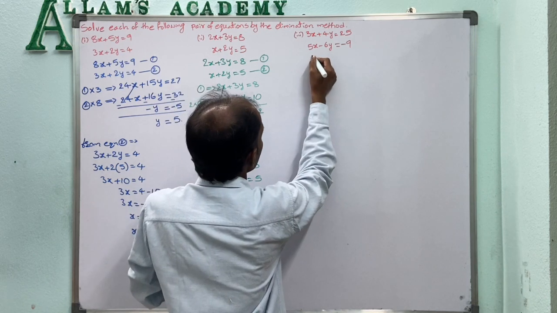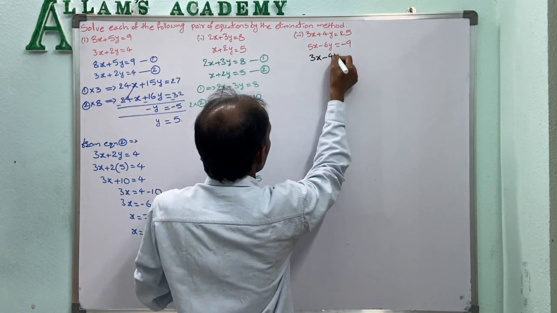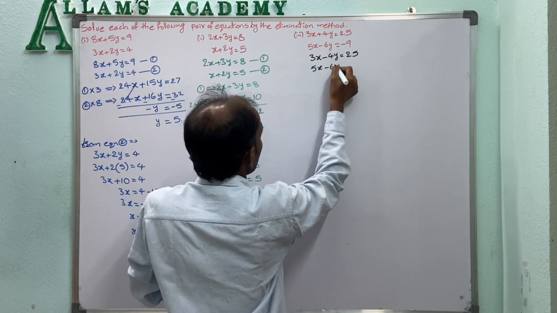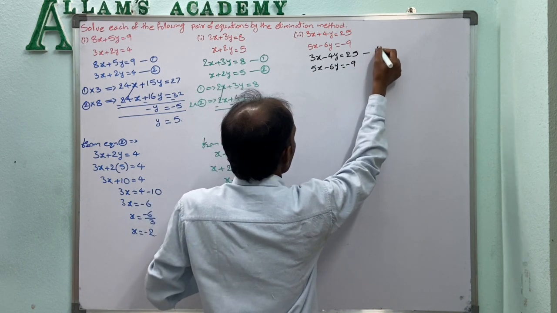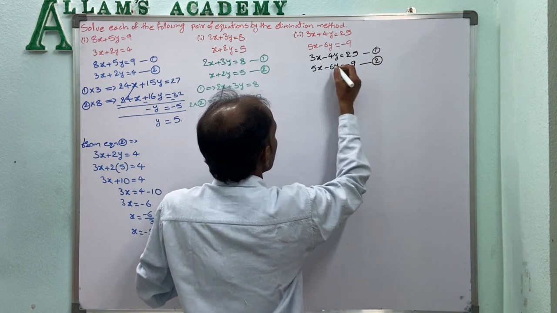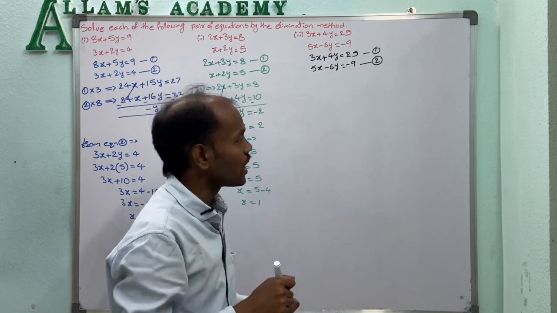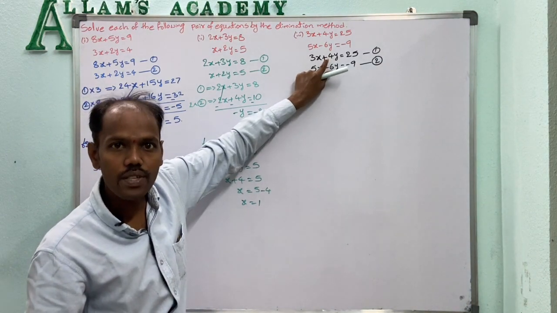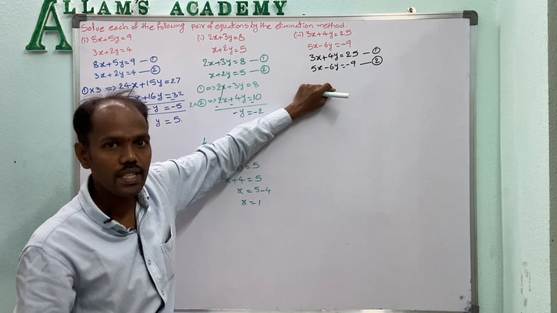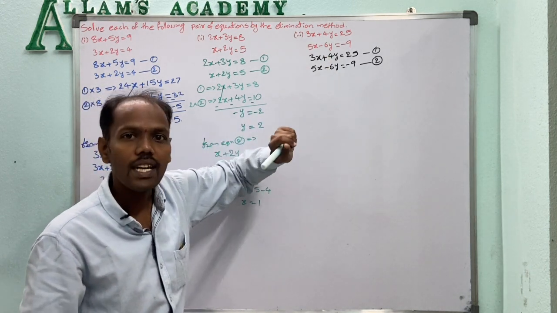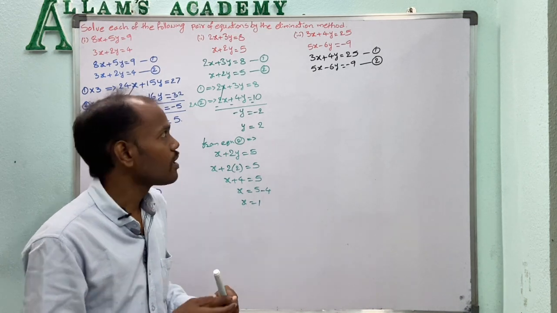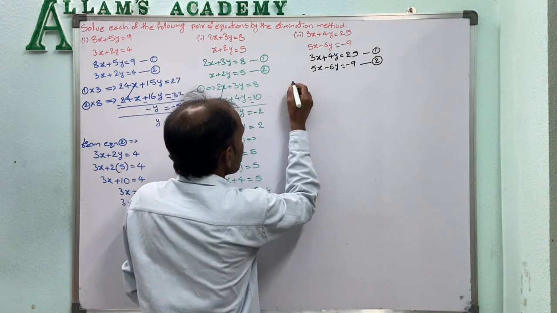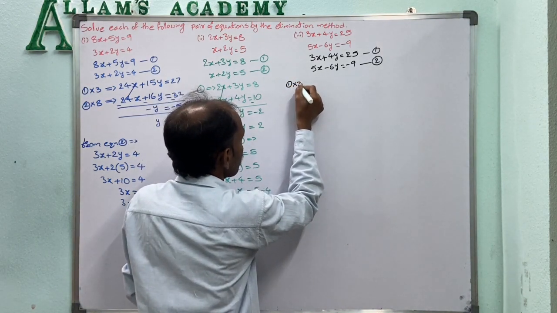So now if we take these two equations, 3x plus 4y equal to 25 and 5x minus 6y equal to minus 9, and we equalize the y coefficients, the first equation's y coefficient is 4, the second equation's y coefficient is 6. So the LCM of 4 and 6 is nothing but 12. So the first equation is multiplied with 3.